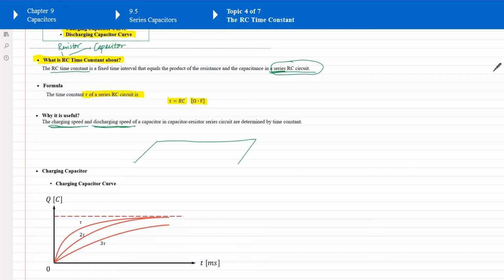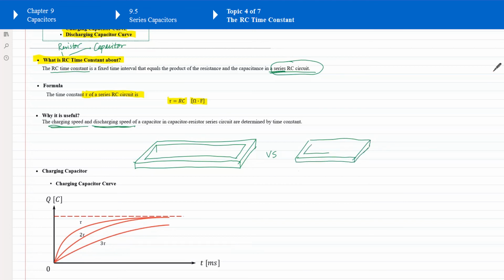Here, let me draw a big swimming pool. And on the opposite side, we have a small swimming pool. Now I want to pour water into the big swimming pool.